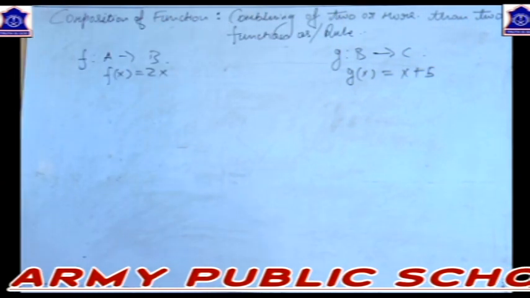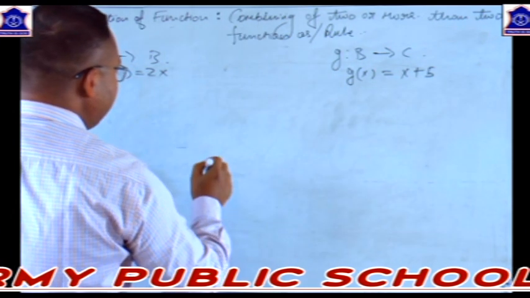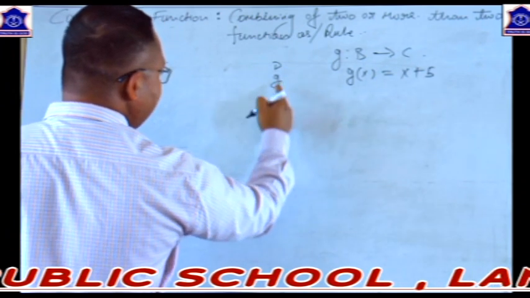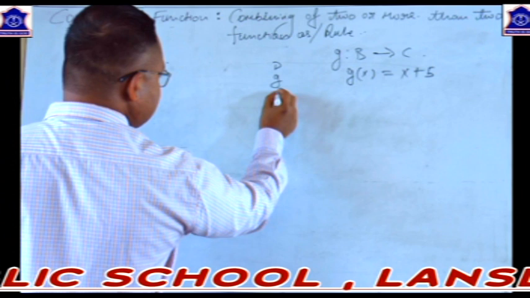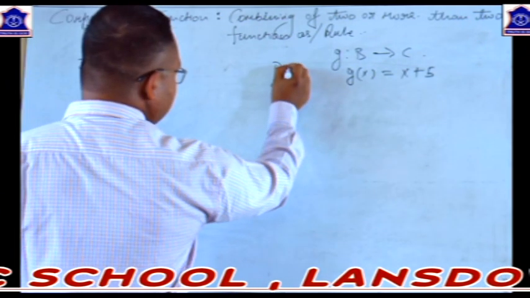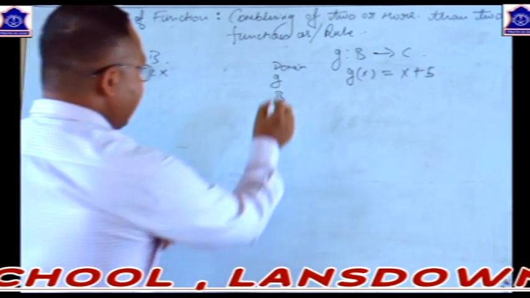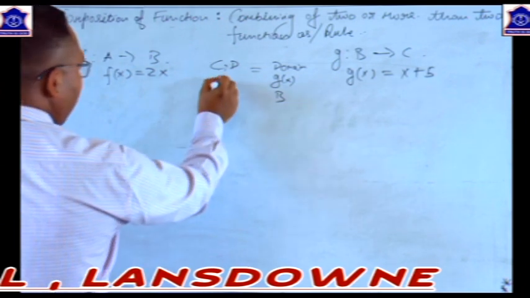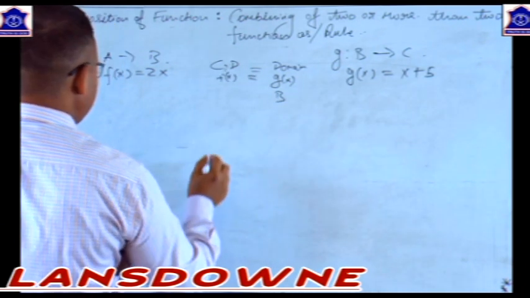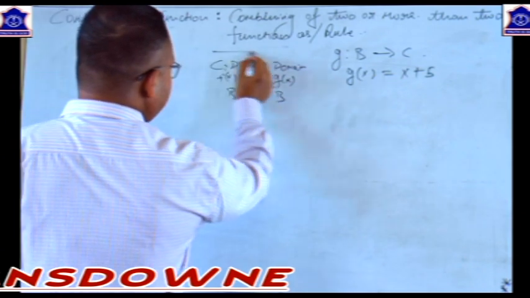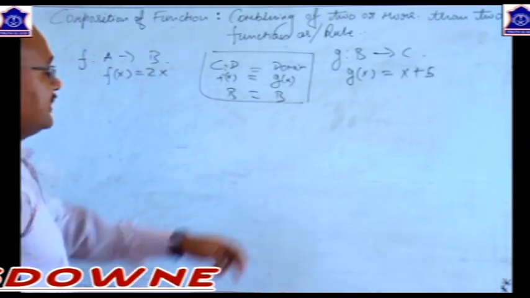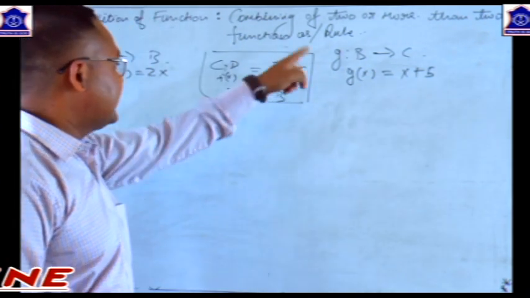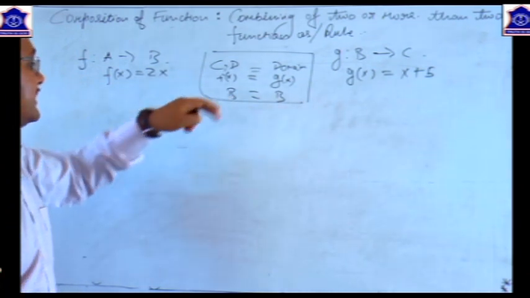Here you can see that the domain of function g, that is set B, is equal to the codomain of function fx, which is set B. कहने का मतलब क्या है कि जो फंक्शन g है, gx फंक्शन का जो डोमेन है वो B सेट है and that is equal to the codomain of function fx, that is B set.